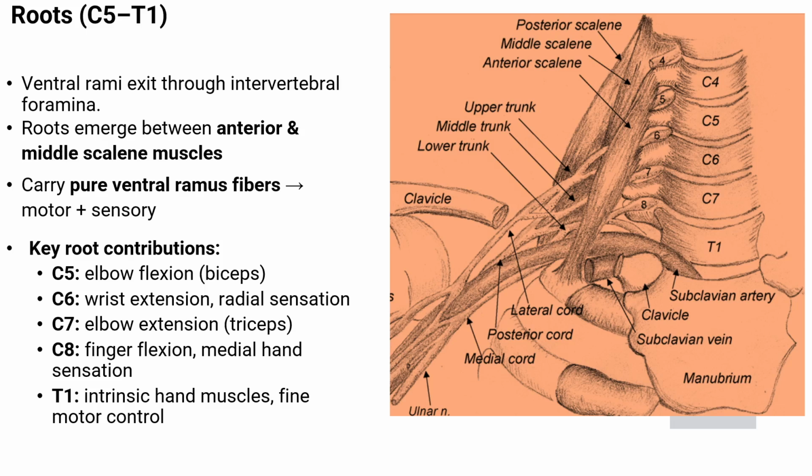Key branches like the dorsal scapular and long thoracic nerves emerge here. These roots unite to form the trunks of the plexus. Clinically, root injuries produce predictable patterns of weakness or numbness, and avulsions require nerve transfers since they cannot be directly repaired.